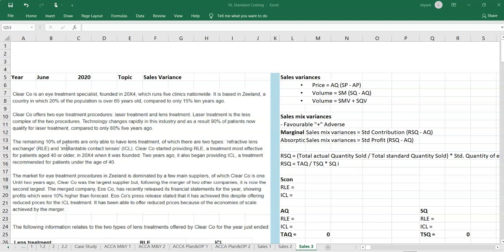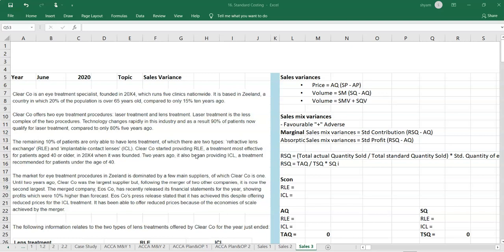The remaining 10% of patients are only able to have lens treatment. Out of this 90, the small balance of 10% can have only lens treatment, of which there are two types: refractive lens exchange and implantable contact lenses.